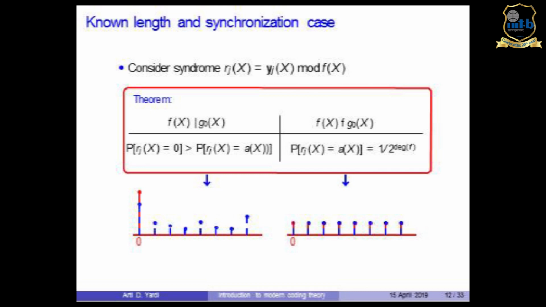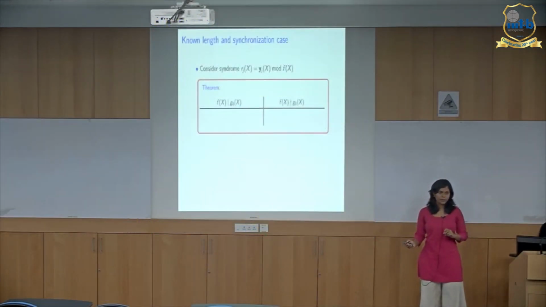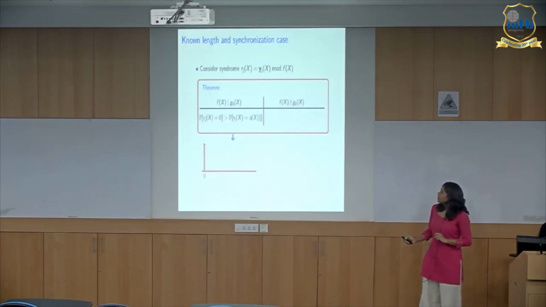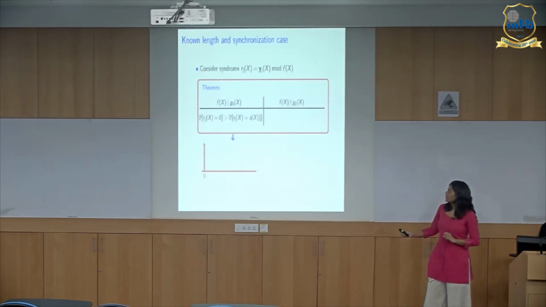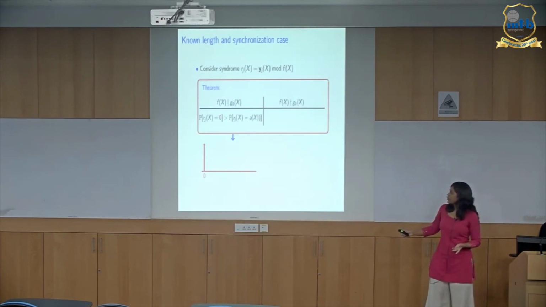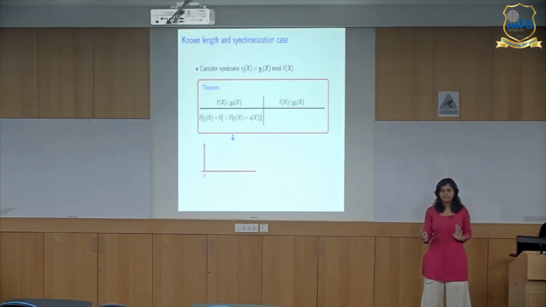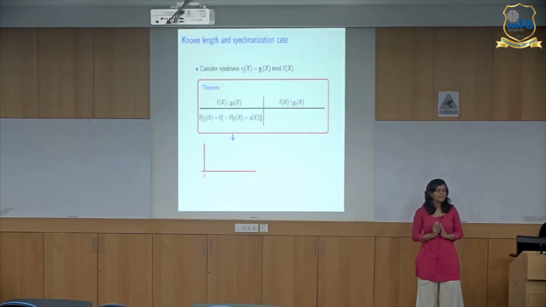Then we study the distribution of this syndrome to take a decision between h0 and h1. Now again we have two possible scenarios. We prove that when f of x divides g0 of x, then the zero syndrome is more likely than any other non-zero syndrome.